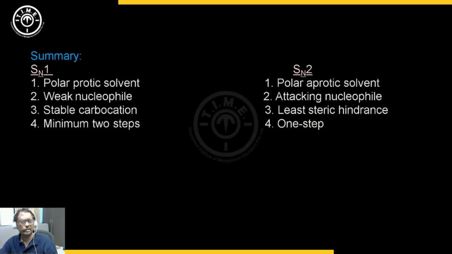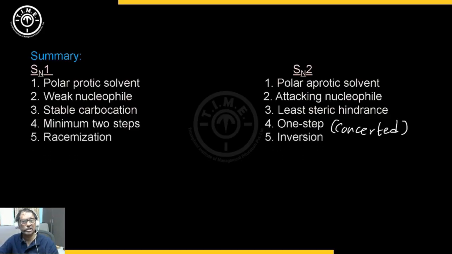Now, we said in SN1 there are minimum 2 steps. Why minimum 2 steps? Because when a carbocation is formed, it may also undergo rearrangement if it is not stable. Therefore, add 1 step. But SN2 is just 1 step. 1-step reactions are also called concerted reactions or elementary reactions. Then we have racemization, right?